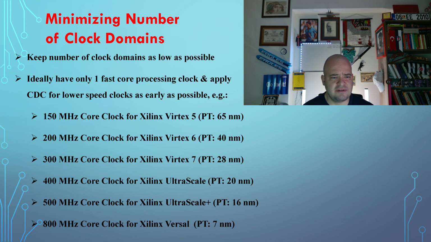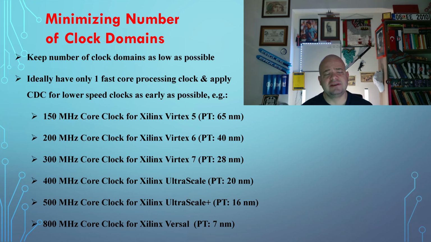Also, we gave an example, as you see here, of target core processing clock speeds for different Xilinx FPGA SoC families. So 150 MHz core clock for the Virtex 5 family, whose process technology is 65 nanometers.